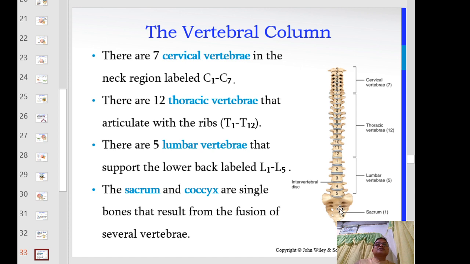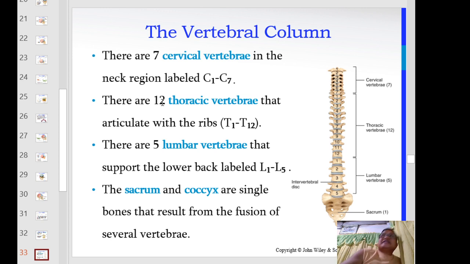You have the sacrum, which is 1, and the coccyx, 1. The sacrum is actually 5 fused, and the coccyx 4 fused. So all in all, you have 31 in total. 7 plus 12 is 19.